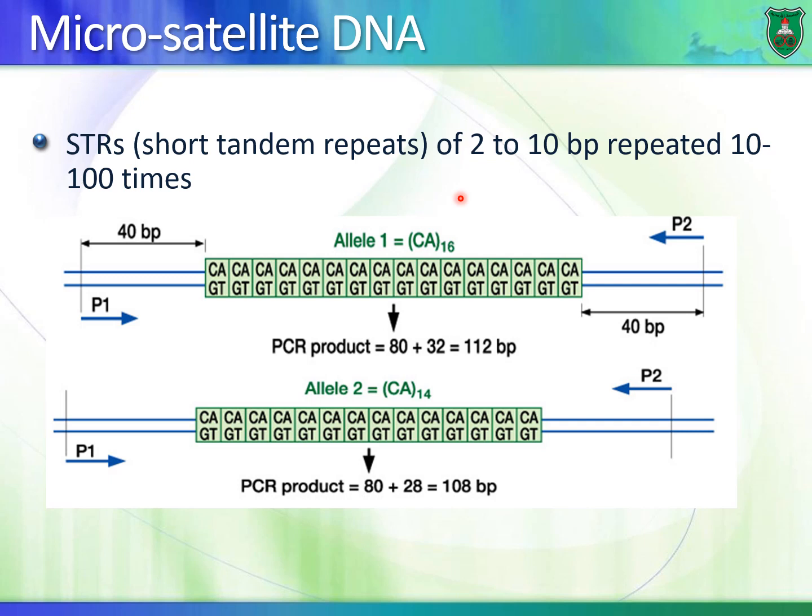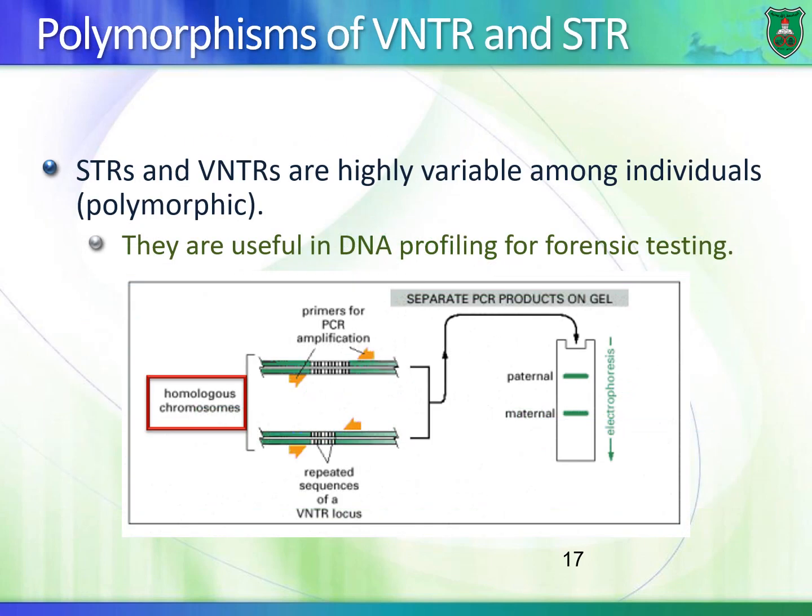So, for example, since our cells are diploid, you can have on a chromosome this repeat right here, the CA repeat, so CA, CA, CA, CA, and it's repeated 16 times. On the other chromosome, you can have the same exact repeat, but it's repeated 14 times instead of 16 times. So you can have a lot of variation, even within an individual.